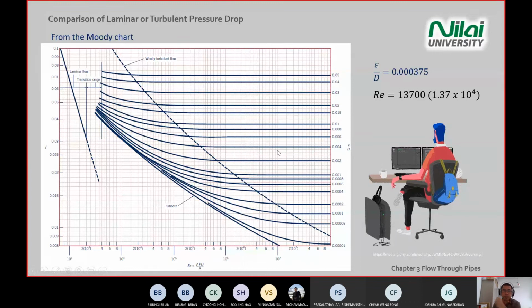So how do we enter the Moody chart? We enter with Reynolds number first, which is at the bottom of the chart, because our value is 1 point something times 10 to the power 4. So you look after the 10 to the power 4 between 1 and 2, because this mark is 2 times 10 to the power 4 and this is 1 times 10 to the power 4. So our value is between these two, and then you do your calculation.